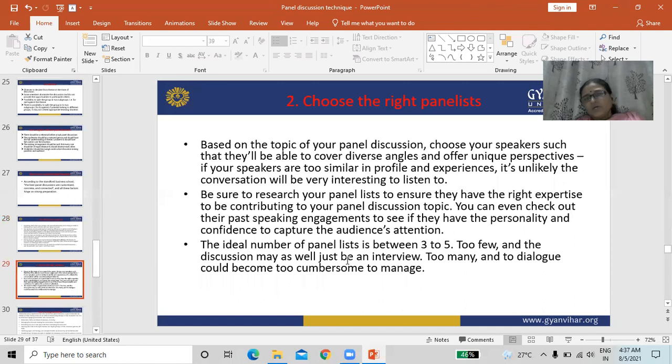Choose the right panelist. Decide on the topic of your panel discussion. Choose your speakers such that they will be able to cover diverse angles and offer unique perspectives. If your speakers are too similar in profile and experiences, it is unlikely the conversation will be very interesting to listen to.